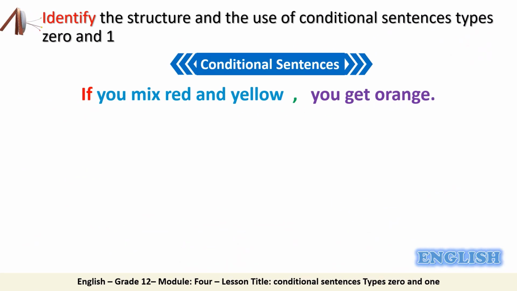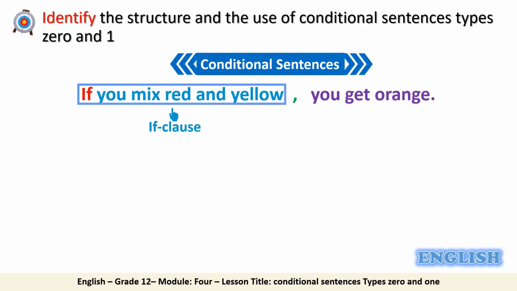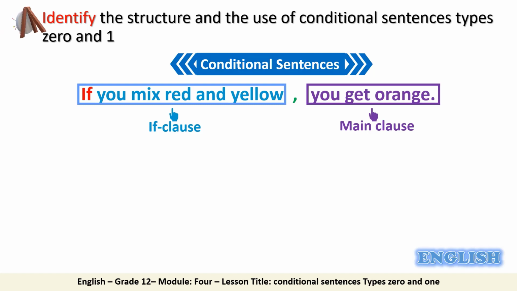In the first step, we will remember together the structure of conditional sentences. As you can see in the displayed example, a conditional sentence starts with if. Also, the conditional sentence is composed of two clauses. The first clause is called the if clause, and the second is called the main clause.